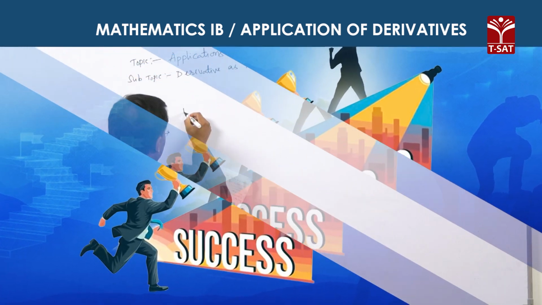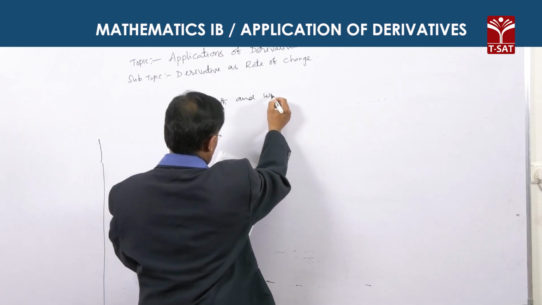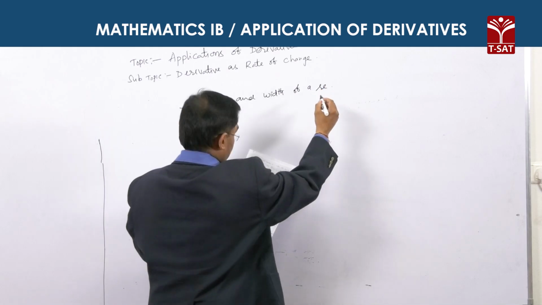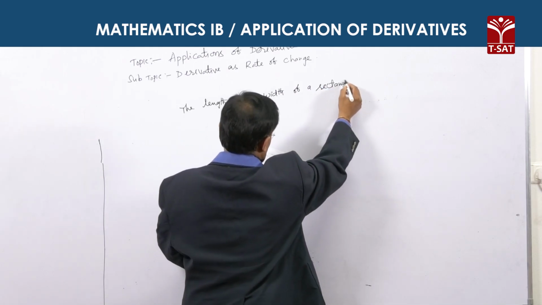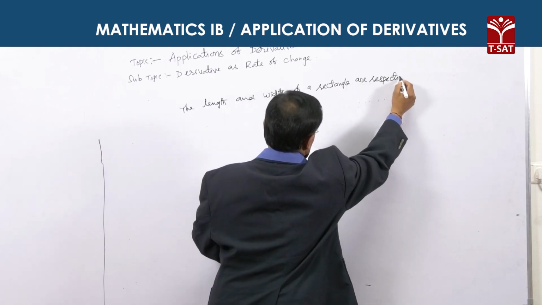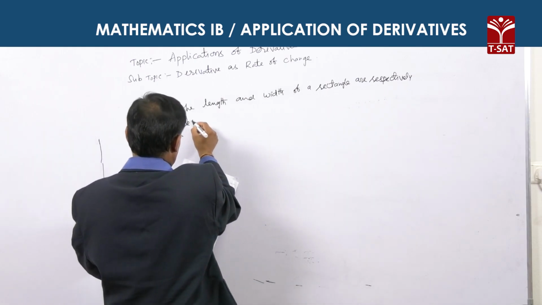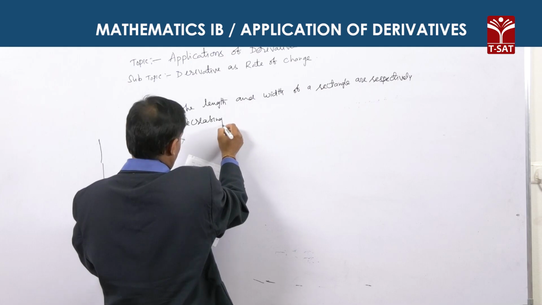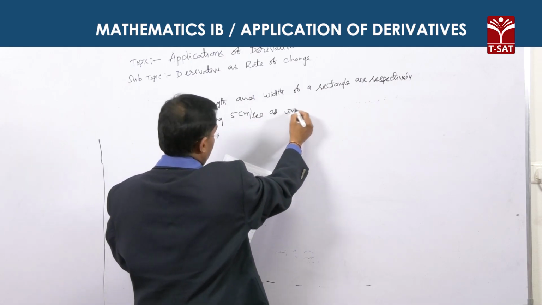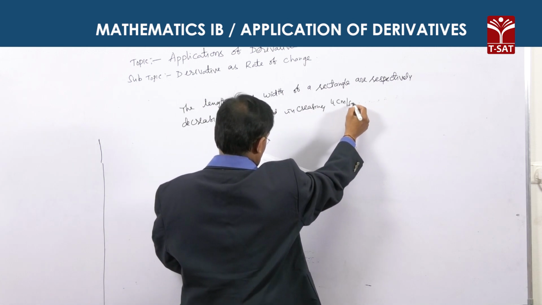The length and width of a rectangle are respectively decreasing 5 centimeters per second and increasing 4 centimeters per second.